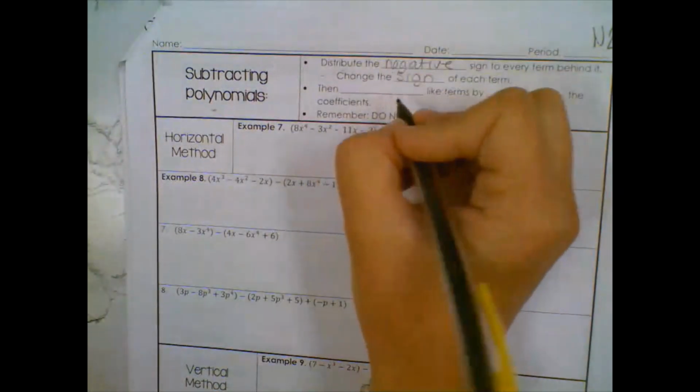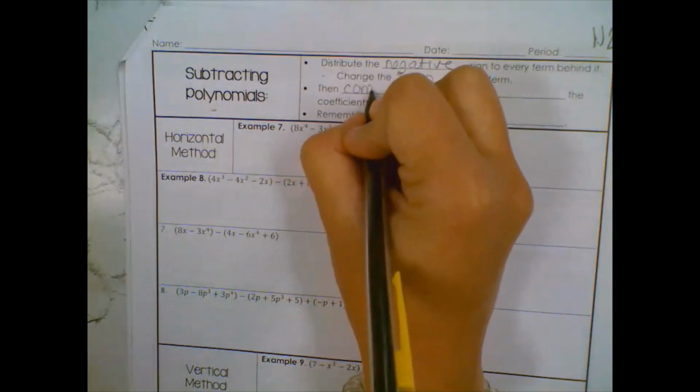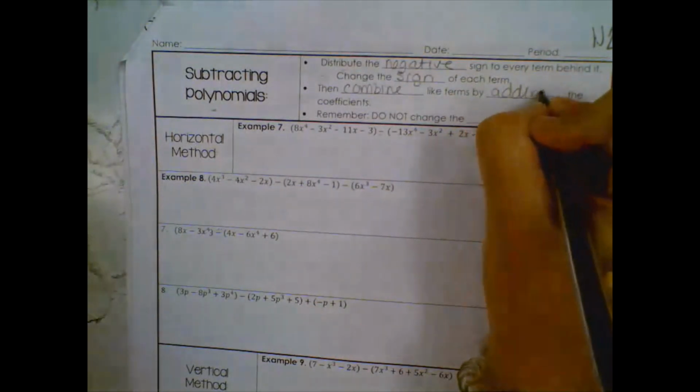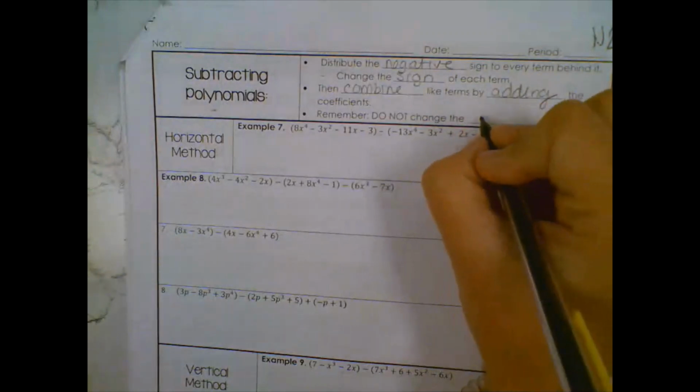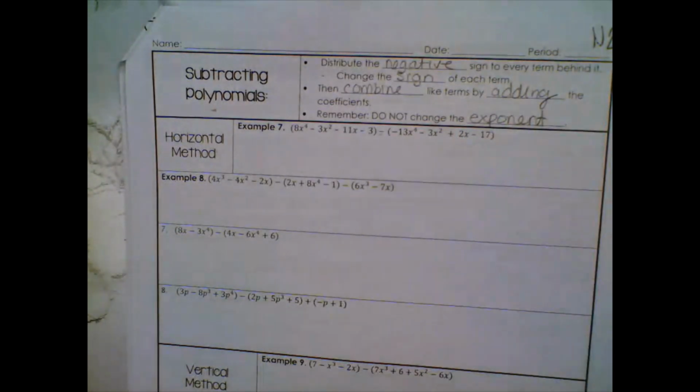Once we do that, it's all the same. We're just going to write in standard form and then combine like terms by adding the coefficients. And just remember, do not change the exponent. That's the biggest rule here. Do not change any of the exponents. We're only adding the front.